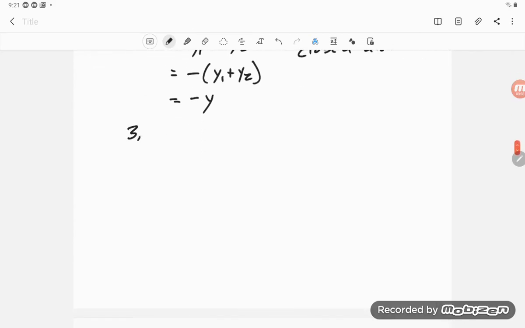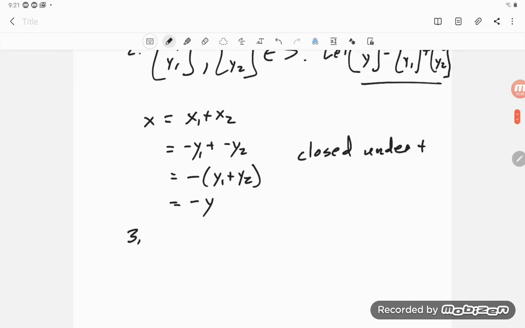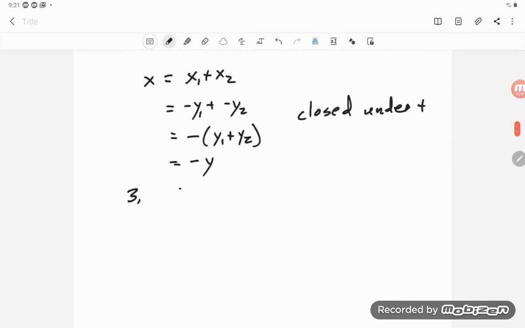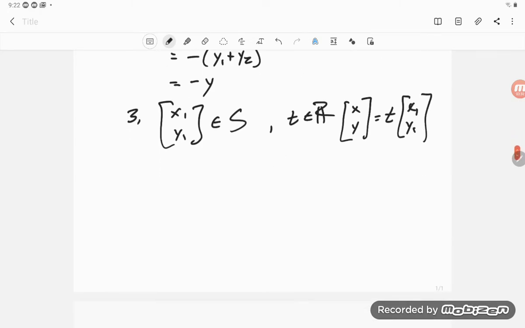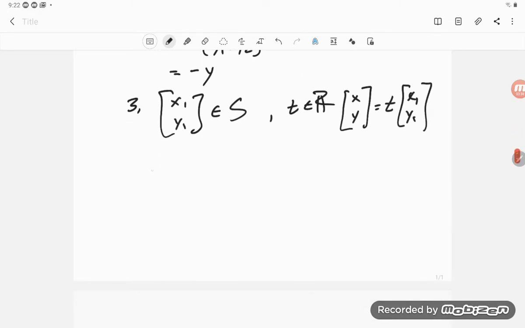And then finally, scalar multiplication. Again, we let (x1, y1) be an element of S, and we'll let t be an element of the real numbers, and we'll set our (x, y) to be t times our vector (x1, y1). Again, we just want to see if x is negative y.